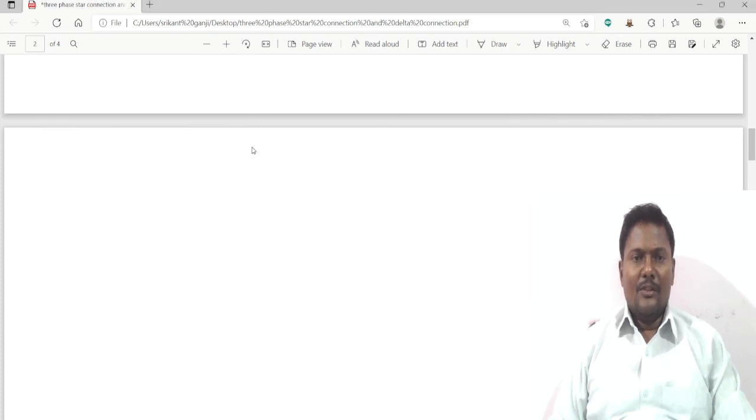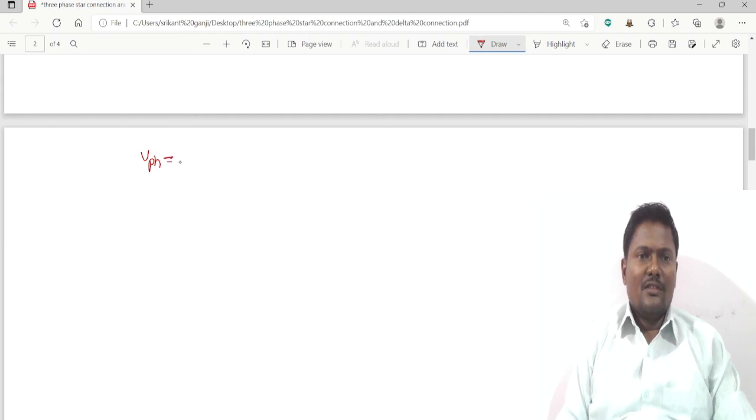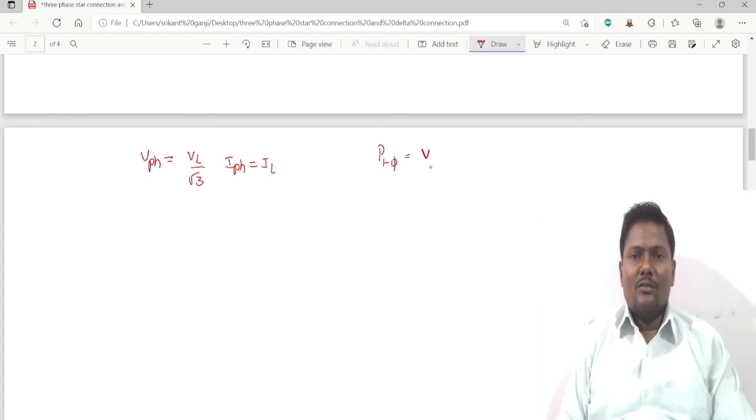As we know, V phase is equal to VL by root 3 and I phase is equal to IL in a star connection. The single phase power is equal to V phase I phase cos phi, but we are measuring the power in 3 phase, so that is 3 times V phase I phase cos phi.